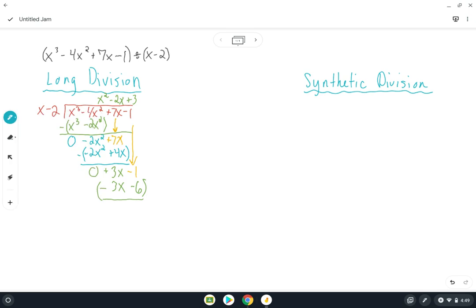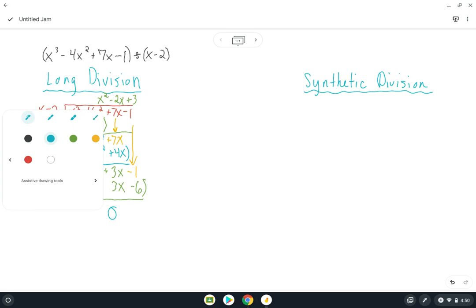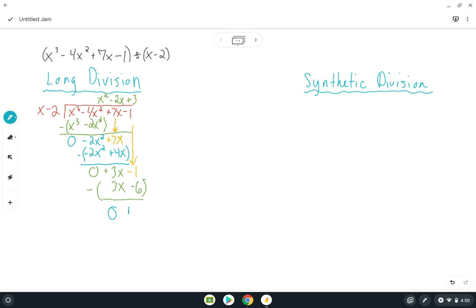So we get 3x minus 3x. Or that, sorry, this should not be here. 3x minus 3x is 0. Negative 1 minus negative 6 is positive 5. So that's actually our remainder.